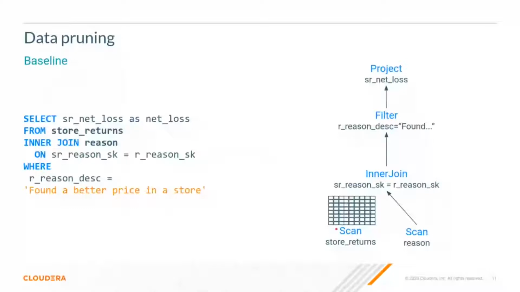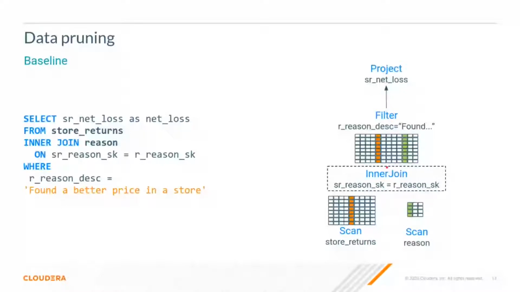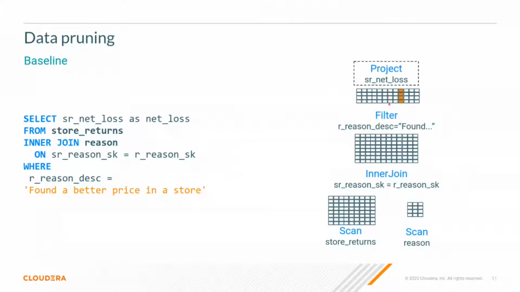We perform a join on the reason surrogate key on both sides. We compute the result, and then we apply a filter on the reason description based on the specific condition. And finally, we are going to project only the things relevant to our result, which is the net loss column.